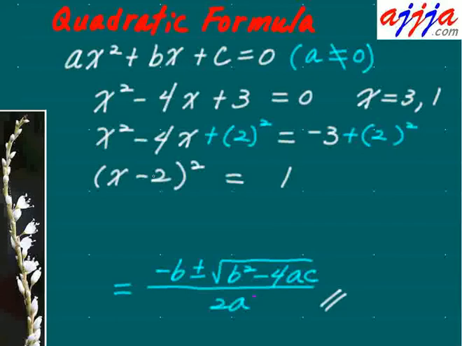Now we have to eliminate this square right here. Take it away, then positive, negative, square root. This is going to be plus or minus 1 anyway. So the x value is going to be like this. We move minus 2 to my right hand side.